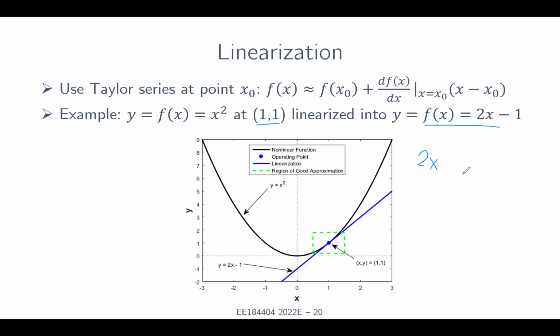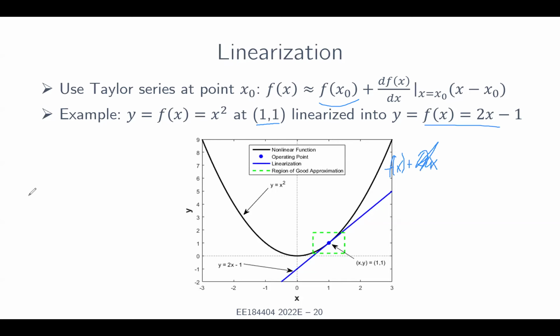And then at the point 1, 1, the way we do this is like this f(x). If we plug in x equals 1, the value of f(x) would be 1.